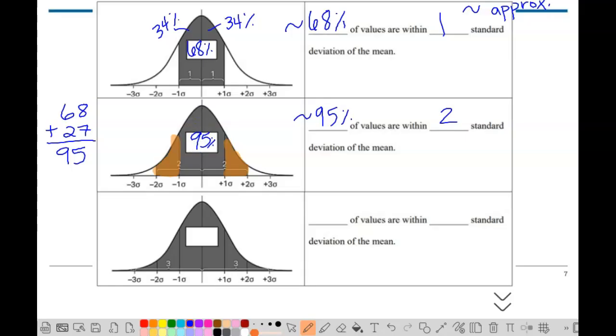But if I want to know how much is each one of these intervals, what do I need to do? Divide 27 by 2.